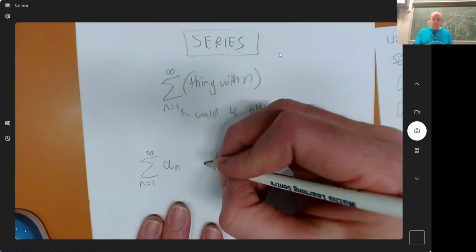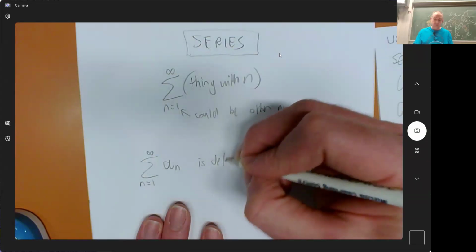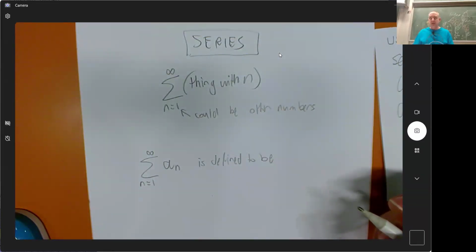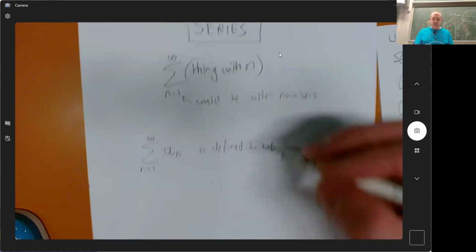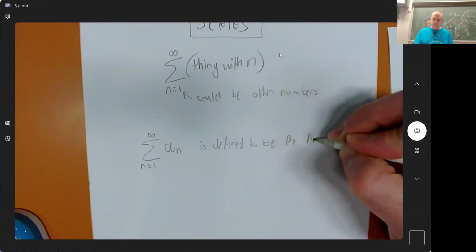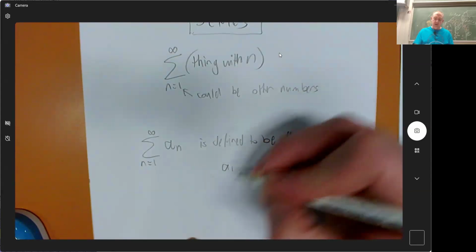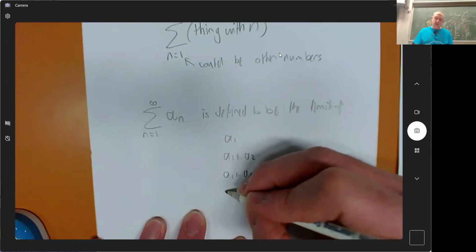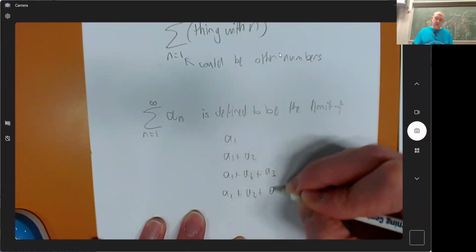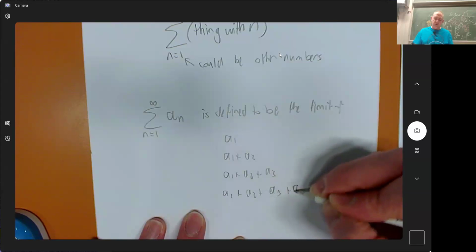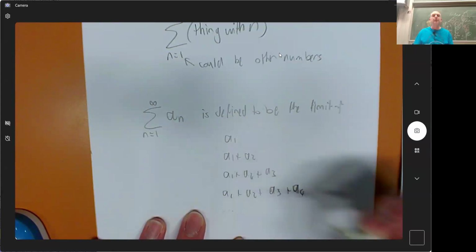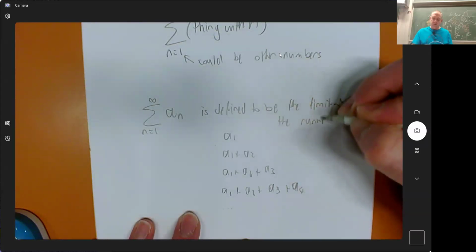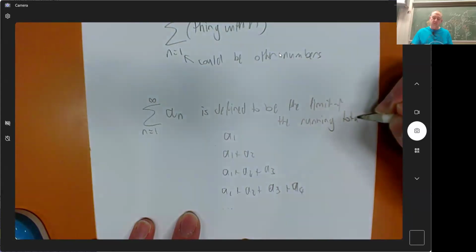What this means is, it's defined to be the limit of this: A1, and A1 plus A2, and A1 plus A2 plus A3, and A1 plus A2 plus A3 plus A4, and so on forever. So it's the limit of the running total.